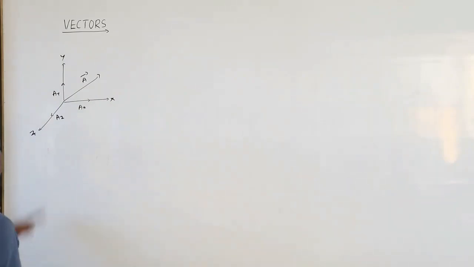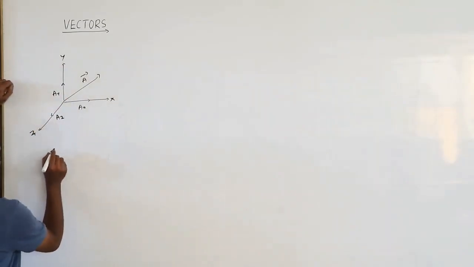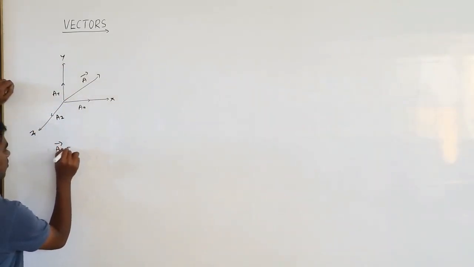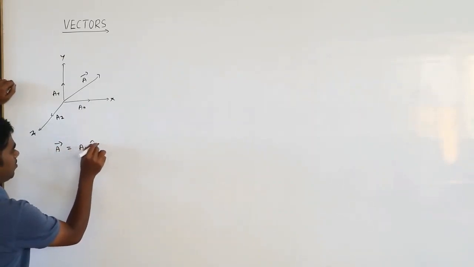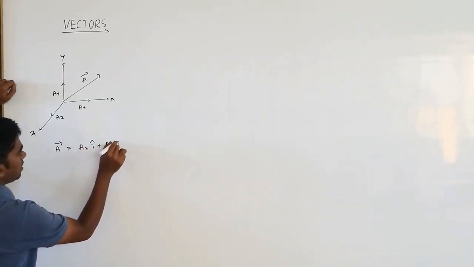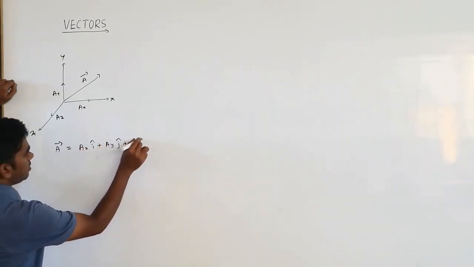If you want to write this vector in the form of its components, how can we write it? Vector A equals Ax i cap plus Ay j cap plus Az k cap.